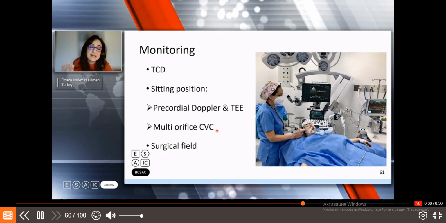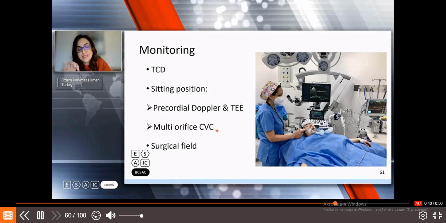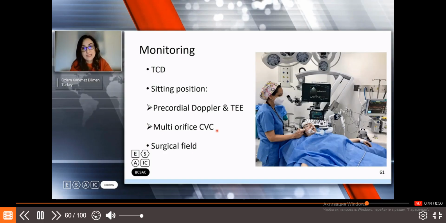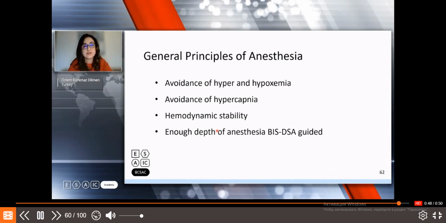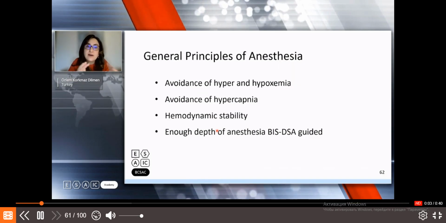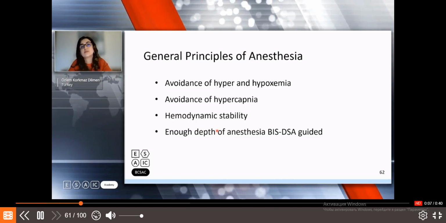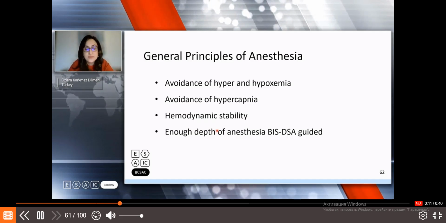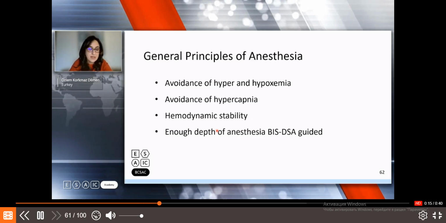Beyond all this, the anesthesiologist must observe the surgical field. If there is brain bulking, the ventilation strategy and anti-edema treatment should be arranged. In general, our principles of anesthesia involve avoidance of hyperoxia or hypoxemia, avoidance of hypercapnia, and providing hemodynamic stability.